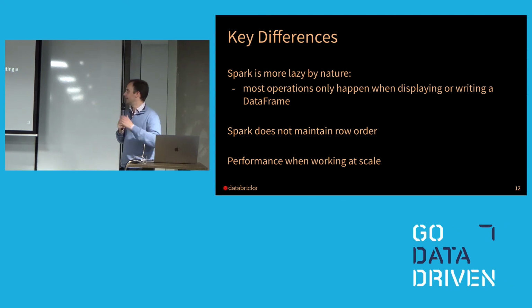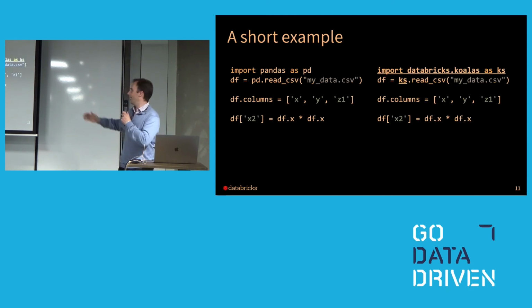Spark will wait until you really have to commit to something. This means that an operation such as adding a column is nearly free when you express it, but it will happen lazily afterwards, when you actually have to compute these values, and when you want to display them or write them onto a file, for example.